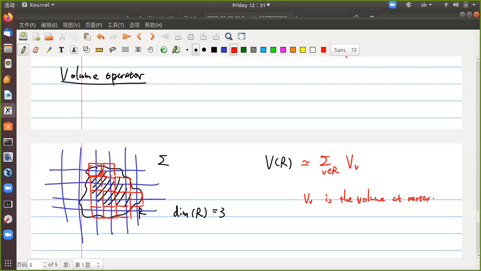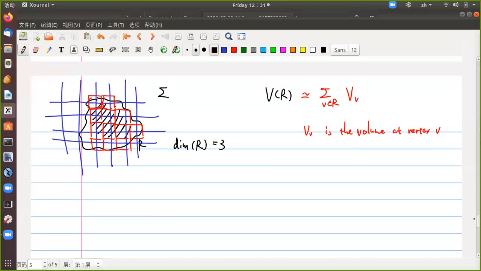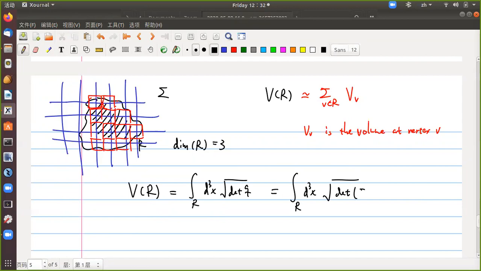Okay, now we are going to write a discrete formula for this V of V. Now let's still come to the arbitrary region R, and we know the volume of this region R is the integral over R of d^3x determinant q, where determinant q is just the determinant of e, the determinant of e_a^i.